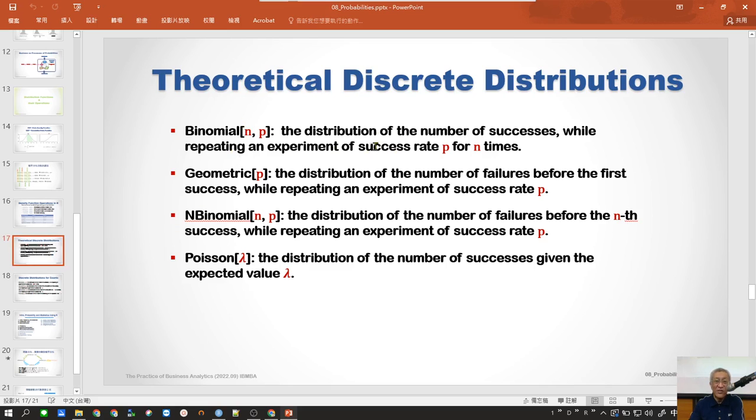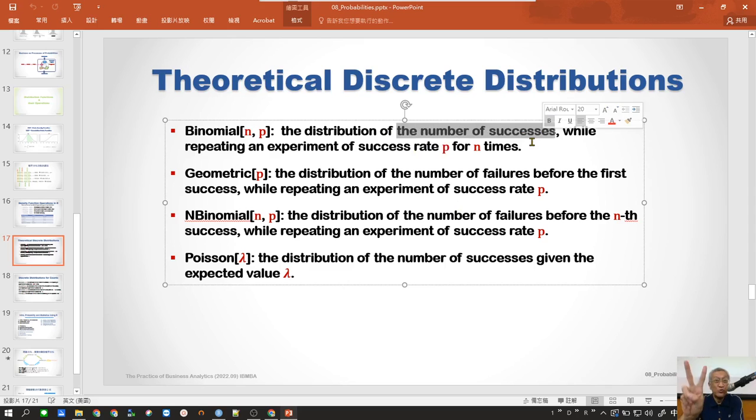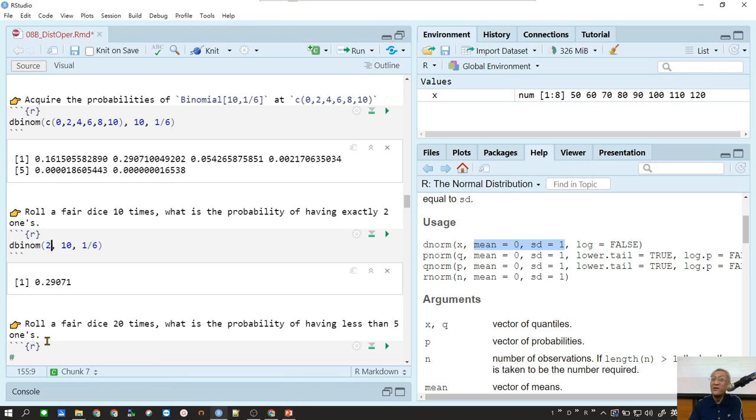This is the definition of binomial: the distribution of the number of successes while repeating an experiment of success rate p for n times. So I repeat 10 times, and the probability of success, which is the probability that it appears once, is 1/6, right? So I want to see the number of successes, 2, right? That's why I put 2 here.